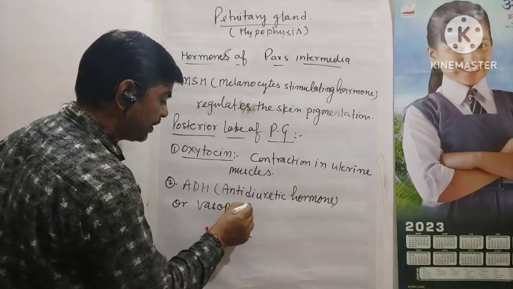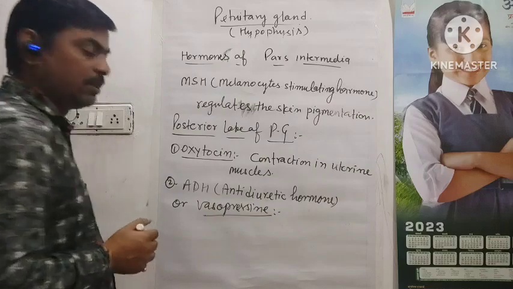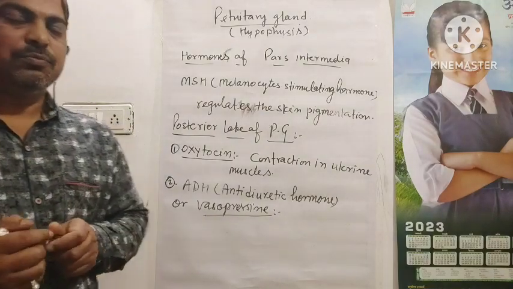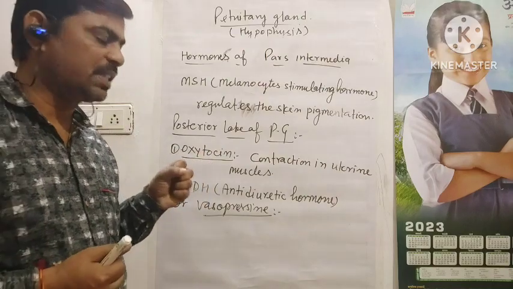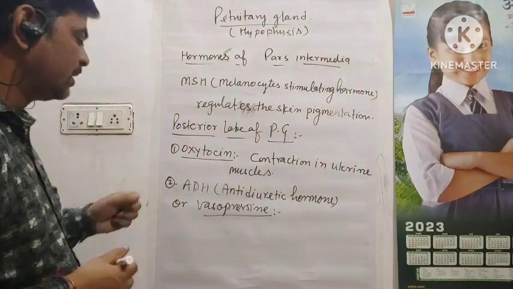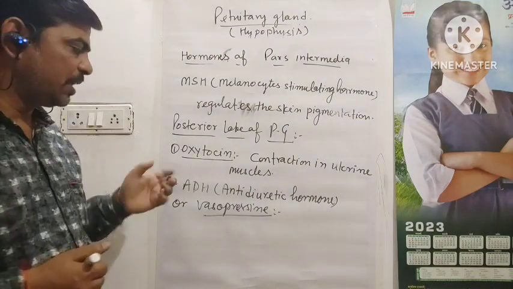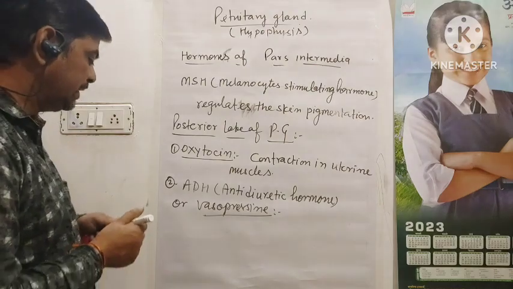This vasopressin, as the name itself says, increases pressure in vessels due to contraction of the blood vessels, arteries. The pressure increases, and that helps in the filtration. Besides this, it also helps in the absorption of water from the DCT.